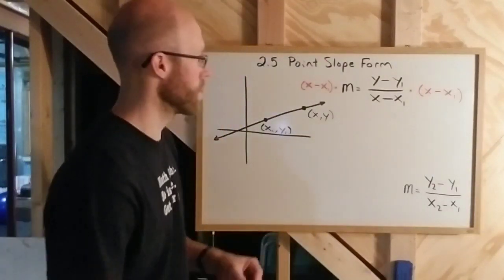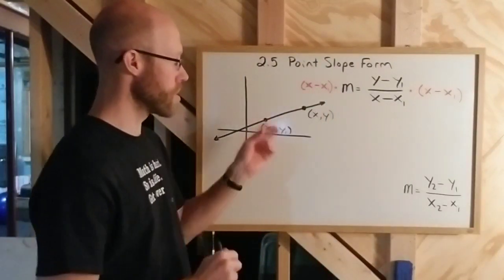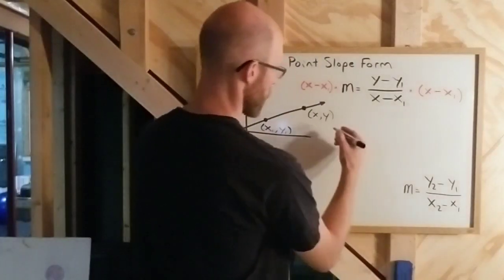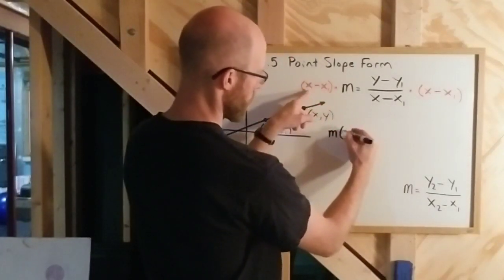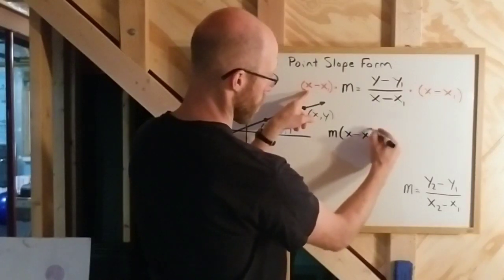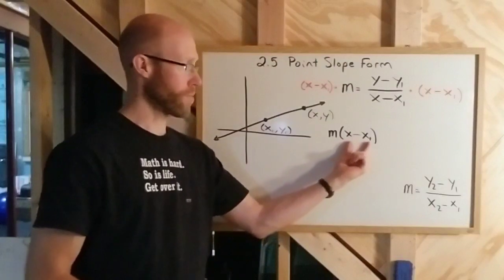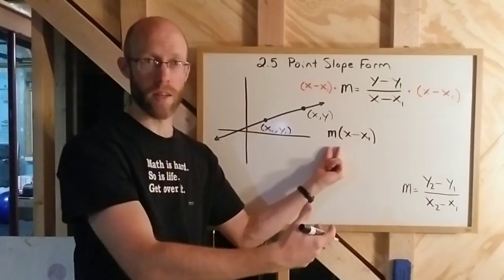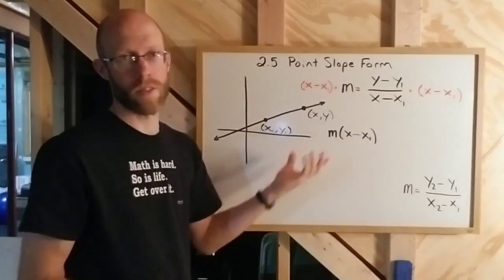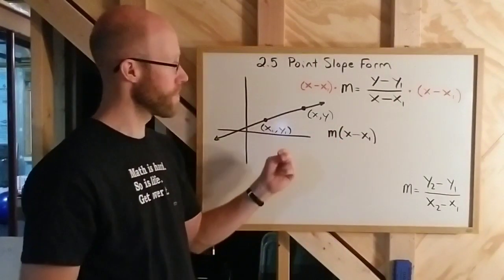Then, on the left side, I'm going to rewrite that a little bit, just change the order. So I have m times the quantity x minus x1. We typically like the binomial, or the 2 terms, in parentheses to the right and a constant on the left. It's just a standard, but it doesn't matter because we're multiplying, so the order doesn't matter there.